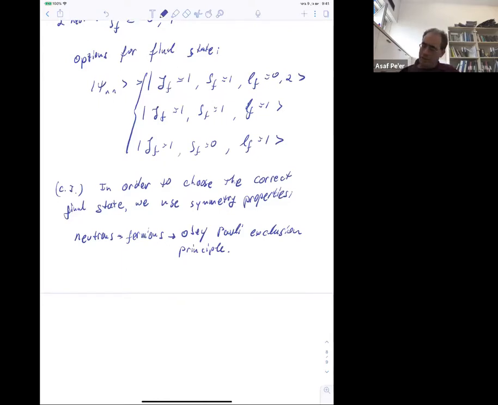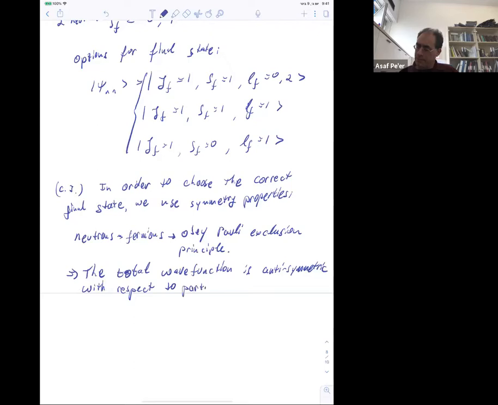So the total wave function is antisymmetric with respect to particle exchange. So the question now is which of the three options we have gives us an antisymmetric wave function.